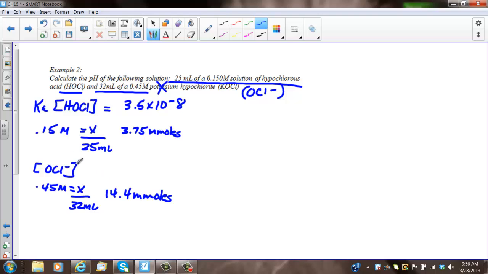Well, I can, because I have an acid-base conjugate pair. They only differ by 1 proton, and I am within a factor of 10. So pH equals pKa plus the log of base over acid.